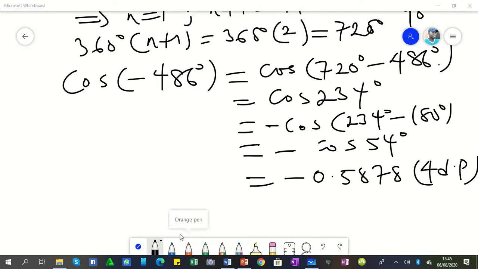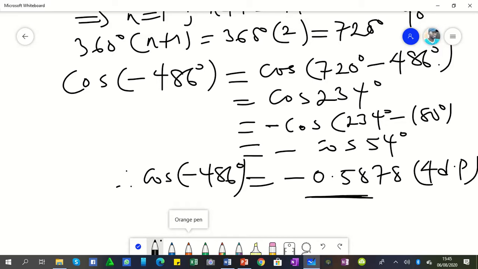So we can conclude by saying, therefore, cos minus 486 degrees should give us minus 0.5878 to 4 decimal places. Now, remember that we didn't make use of the calculator.